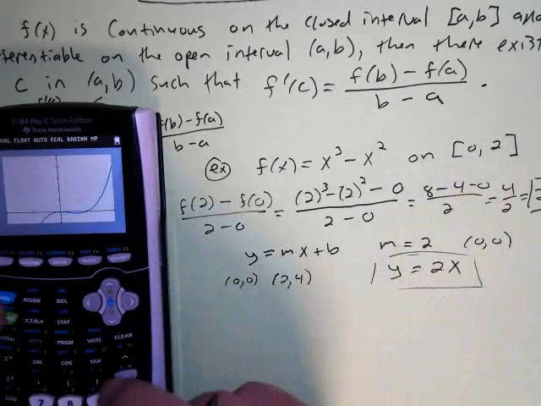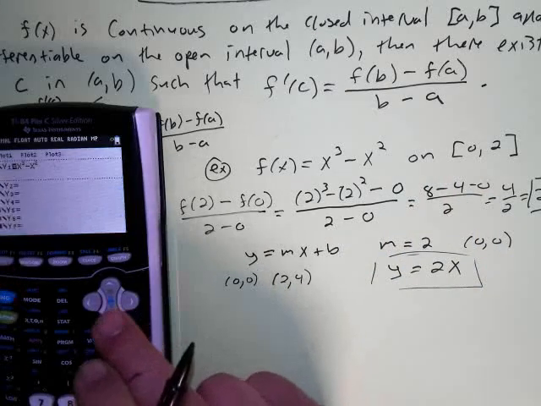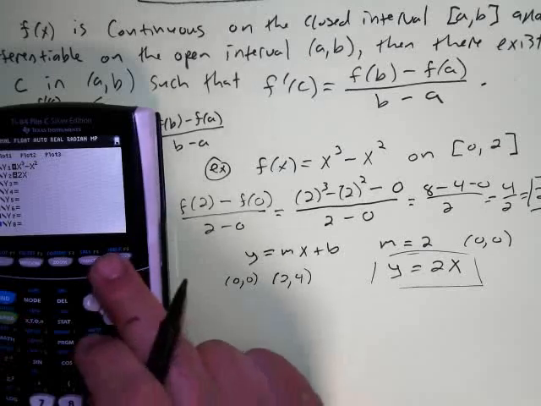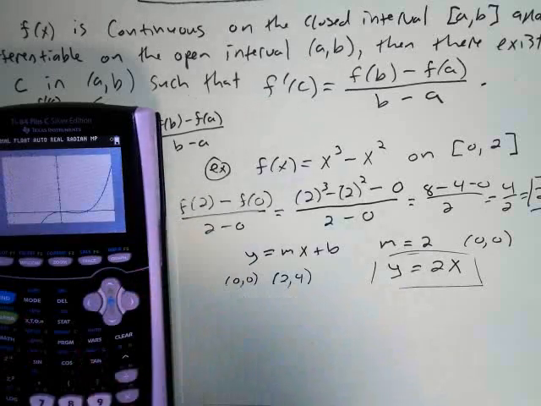So let me actually graph the secant line. I'll go down here to x. So here comes the secant line.